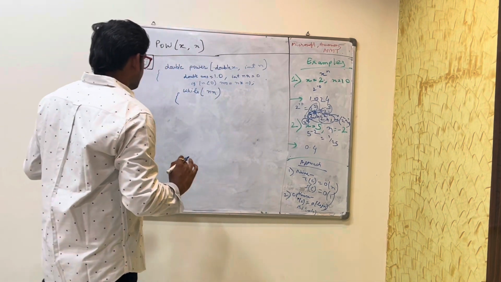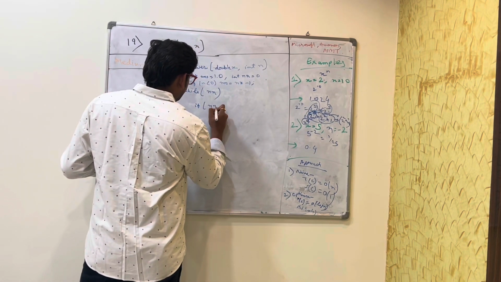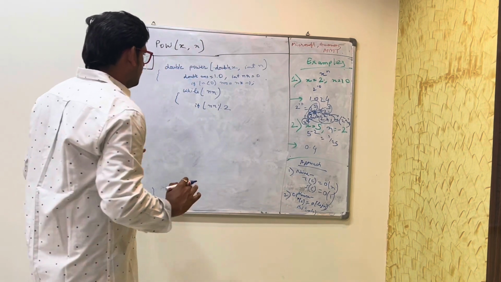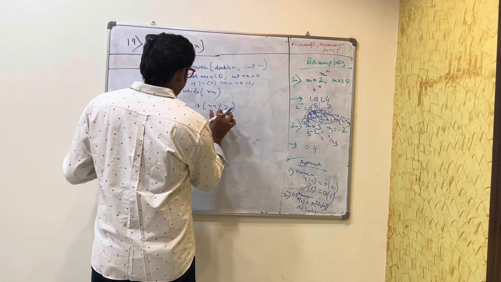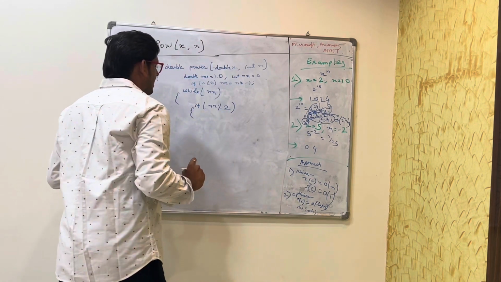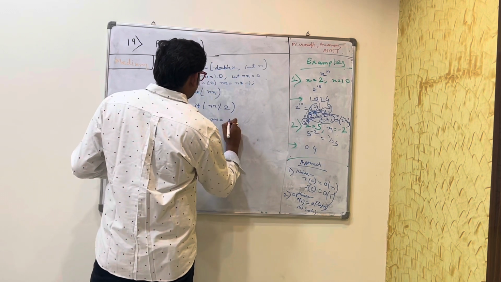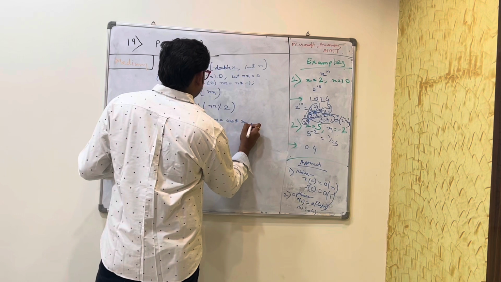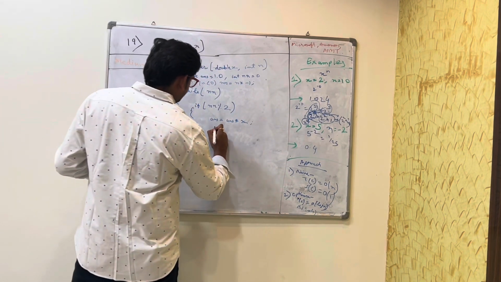So if nn mod 2 is 1, that means it is not divisible by 2, because if this value is 1, then what will happen? Let's multiply answer is equal to answer into x, right?